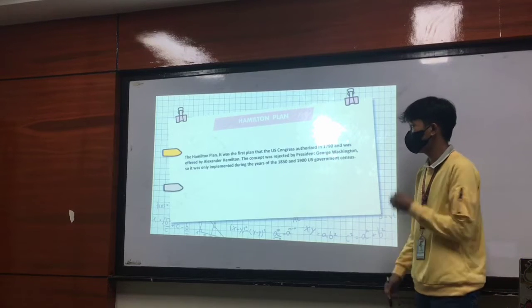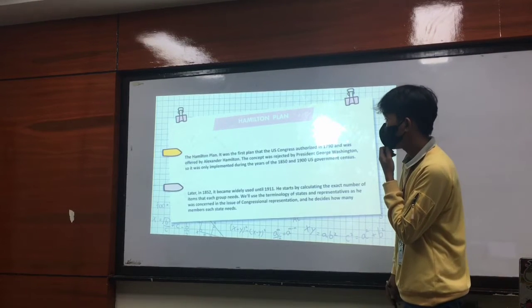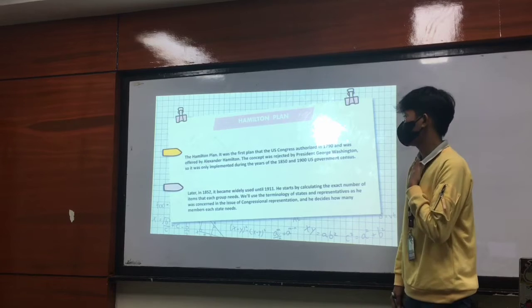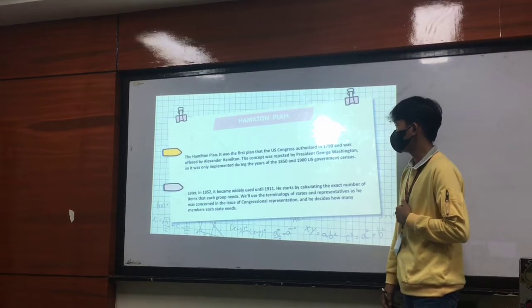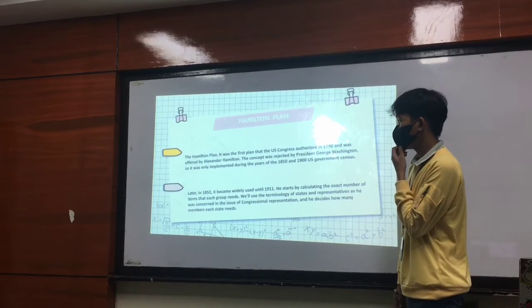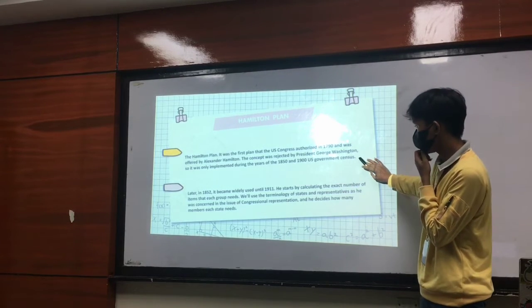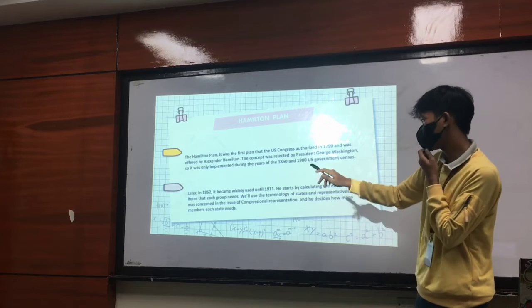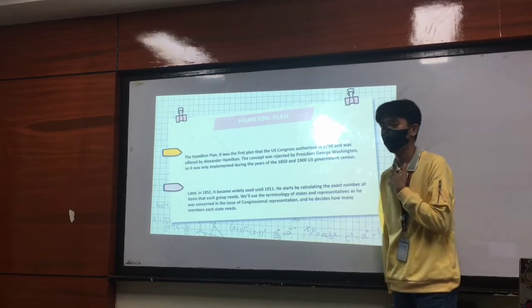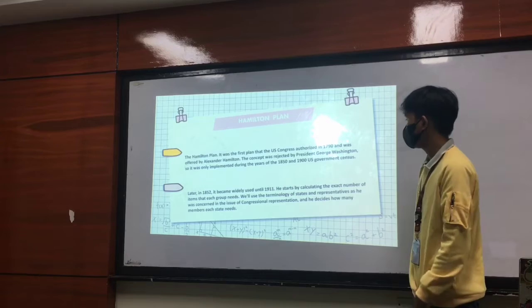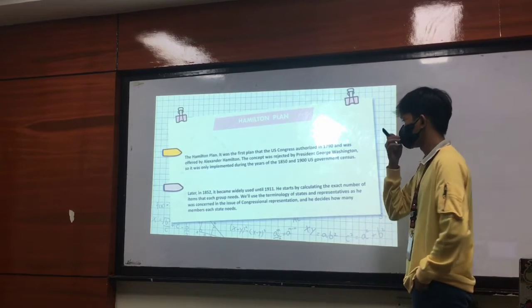So next, under the Hamilton Plan, it was the first plan that the U.S. Congress authorized in 1790 and was offered by Alexander Hamilton. The concept was rejected by President George Washington, so it was only implemented during the years of 1850 and 1900 U.S. government census.